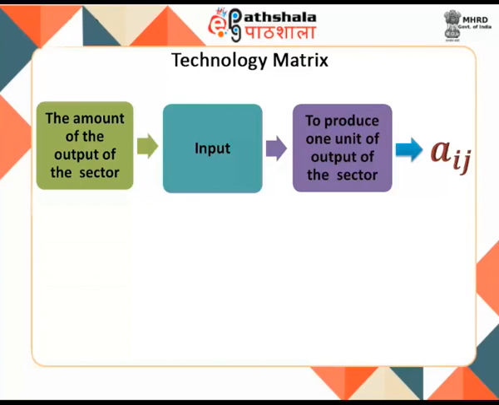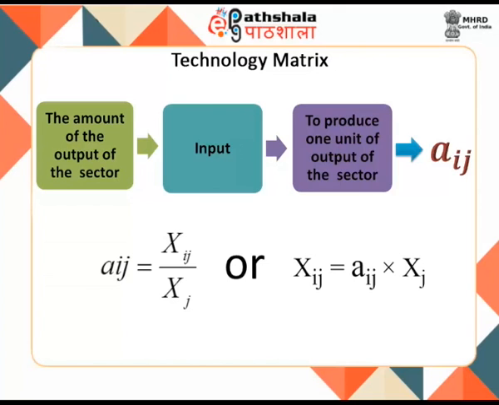Given constant returns to scale, Aij will be constant and fixed for all i's and j's. Now, Aij equals xij by xj, or xij equals aij into xj.